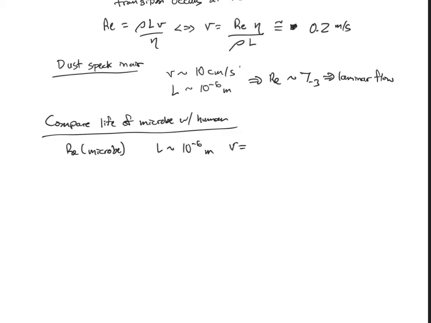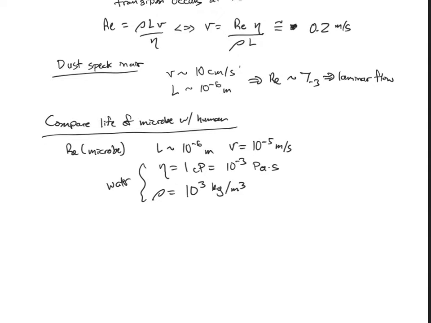Experimentally, if you measure their velocity, they are moving roughly 10 times their diameter per second, so about 10 to the minus 5 meters per second. They're moving through water, so we'll take eta as 1 centipoise, which is 10 to the minus 3 Pascal seconds. And the density is that of water, which is 1,000 kilograms per meter cubed.